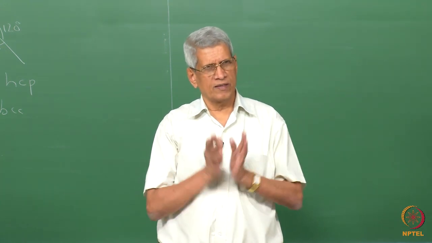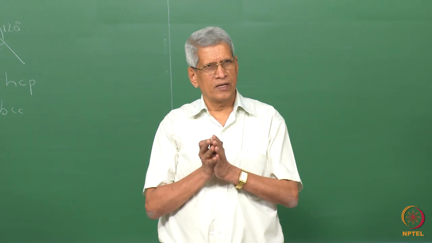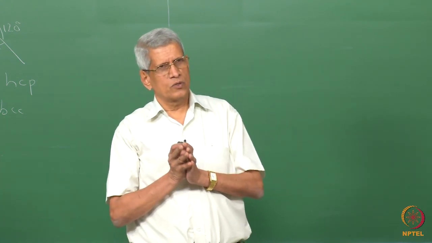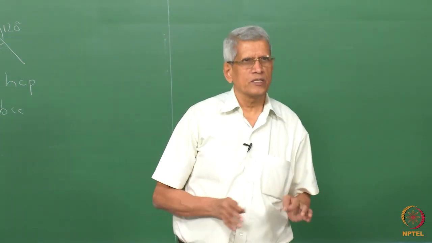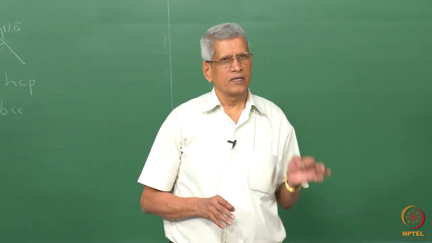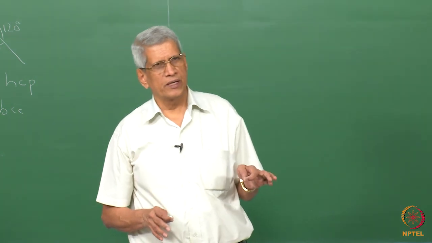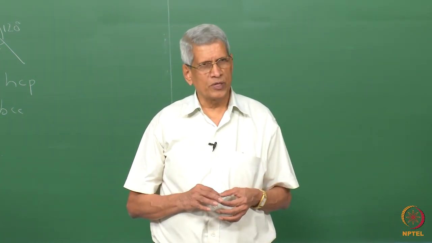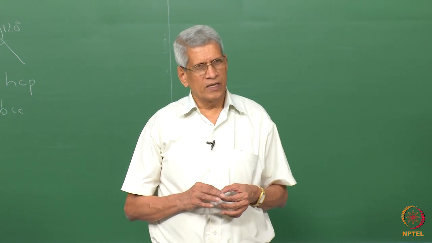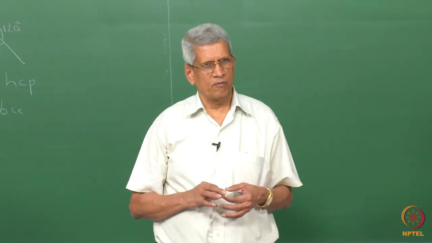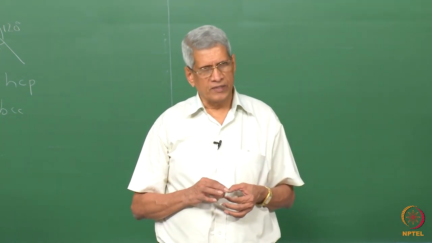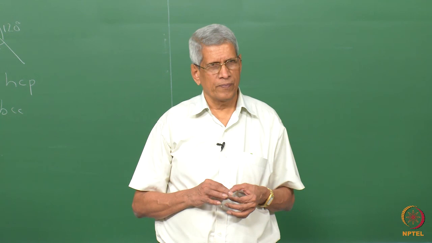Essentially here, what is necessary is to define the various types of interfaces. So we have considered grain boundaries, small angle boundary, tilt boundary, twist boundary, coherent boundaries, special boundaries, and interfaces in a few simple examples.